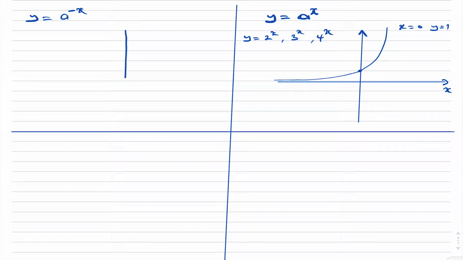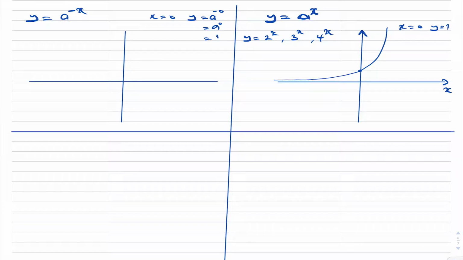This is the negative power of the x. So that graph is actually very similar to this one. So when x equals 0, y still equals a to the power minus 0, which is a to the power of 0, which is 1. Again, so it's cutting here at 1. You always put the coordinate 0, 1.